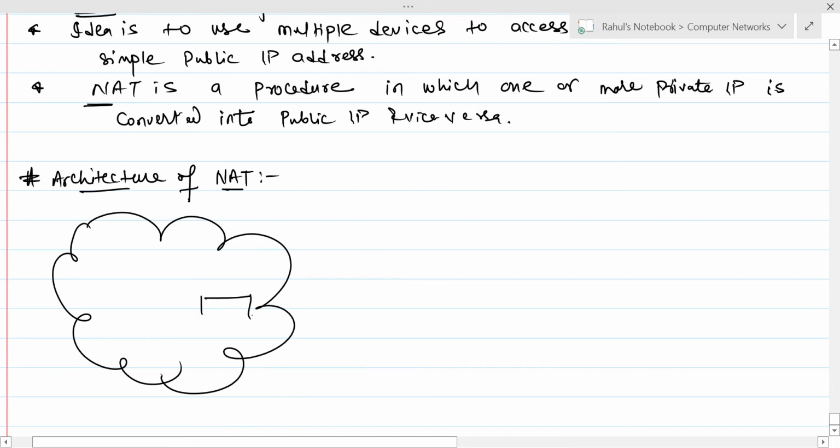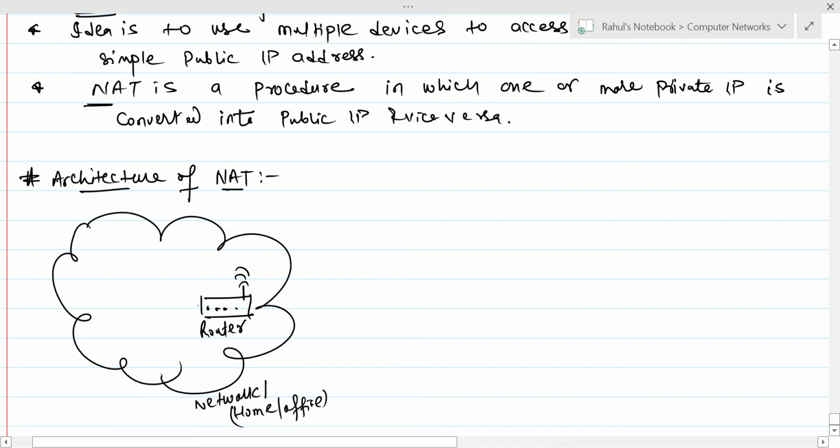This is a network, and this is a network, and this is a router of this network. Let's say this is network 1. It may be our home network or our office network, right?